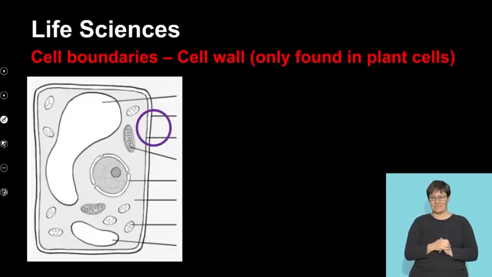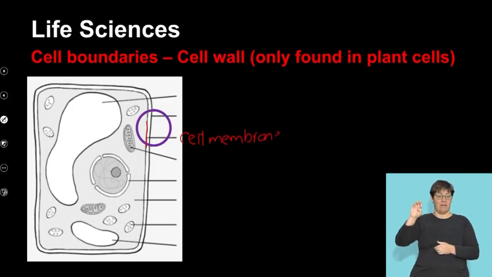All right, so now what I've drawn in over here, something you're going to become quite familiar with, is a diagram of a plant cell. Now you can see I've circled a little purple circle over here. As you can see on the inside over here, this is going to be my cell membrane.